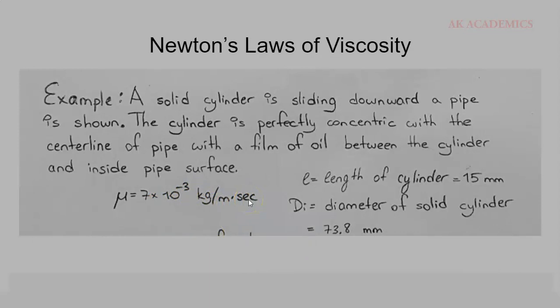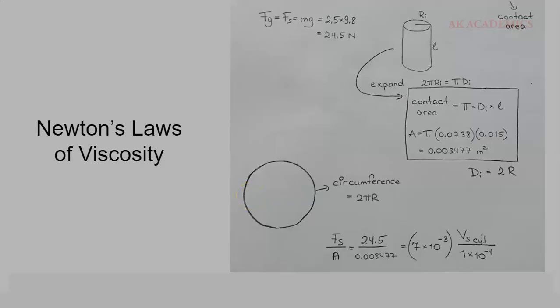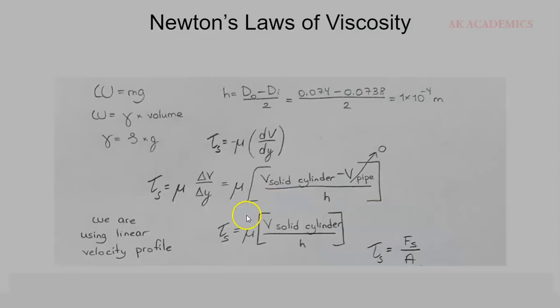We also know that our velocity of the cylinder was not given, and that is actually what we're looking for. Okay, and then we know that our height, we've calculated our height to be 1 times 10 raised to the minus 10. So Fs over A would be equal to 24.5 over 0.003477, and all of these here would be equal to everything that we have here, because the two shear stresses are the same.